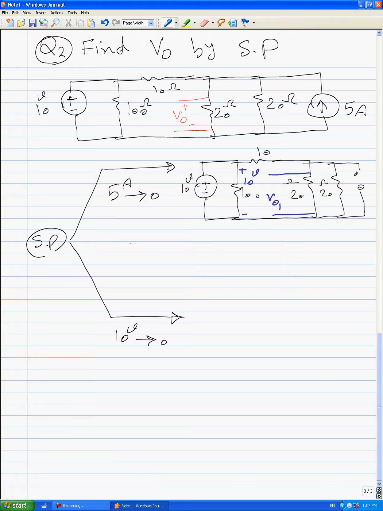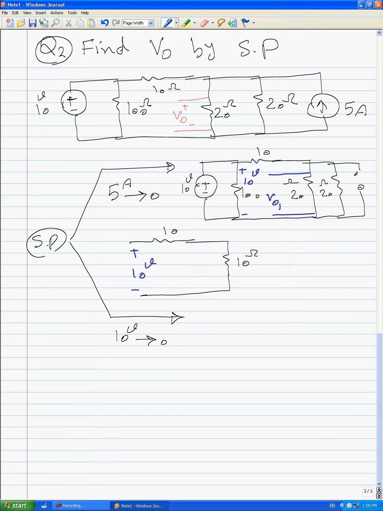Ten ohms here, and 20 and 20 should be 10 ohms here, and here we have 10 volts. Again, 10 volts and 100 are parallel.